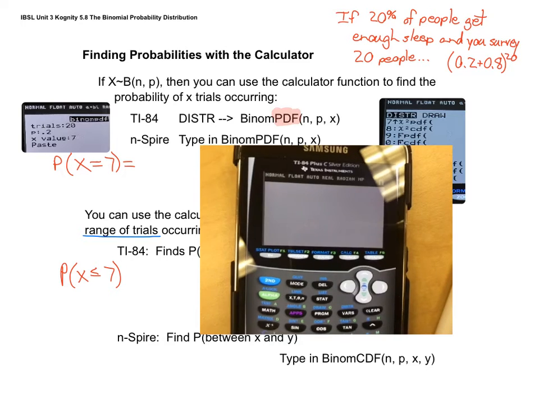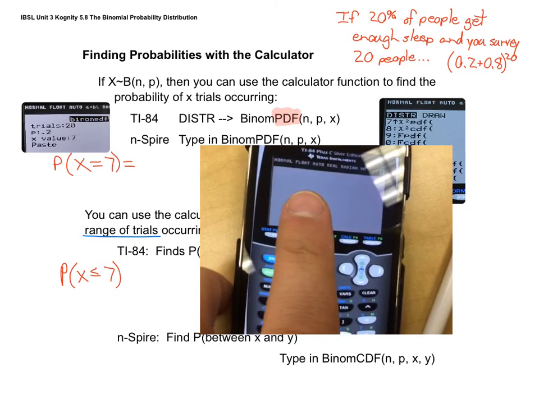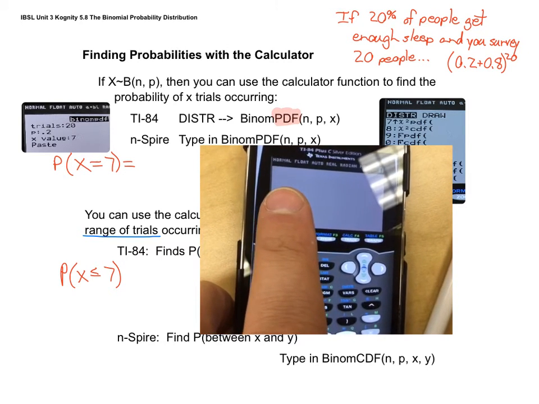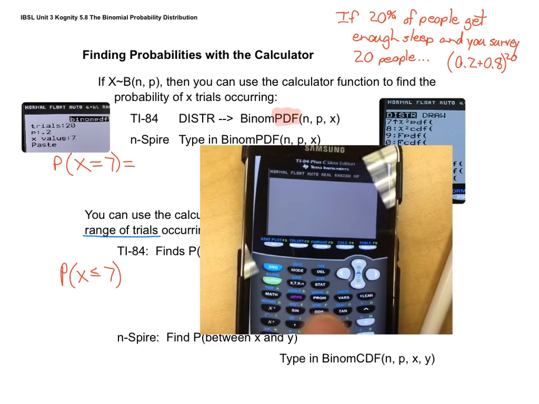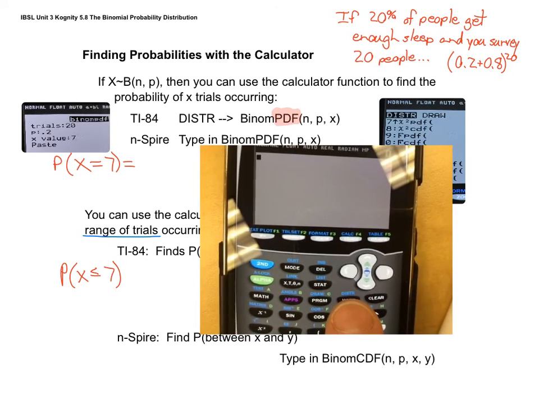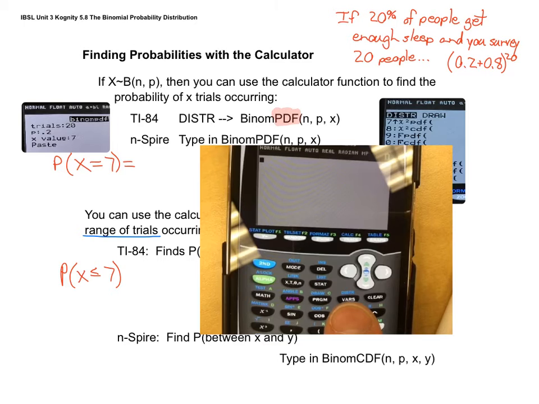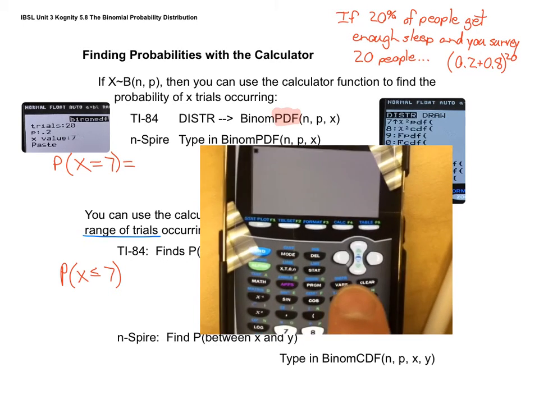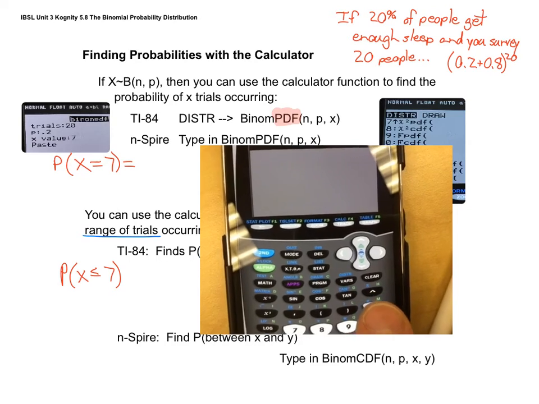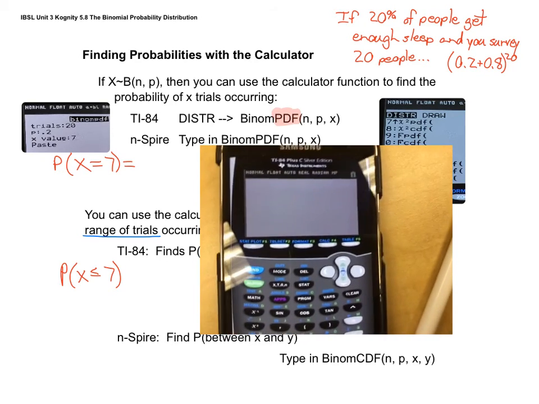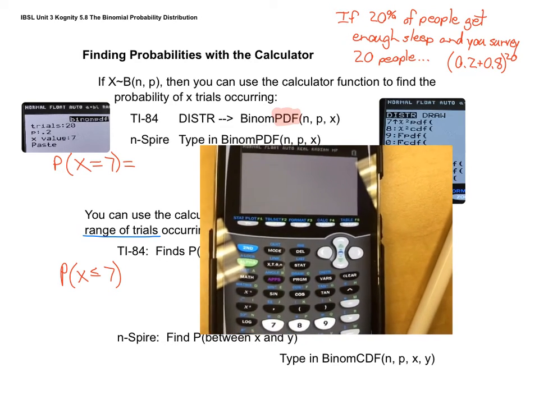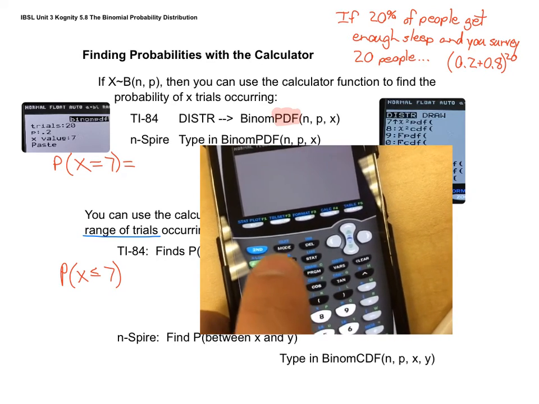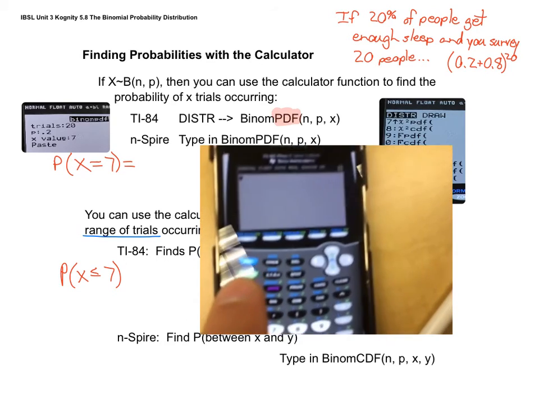If I want to get to the binomial PDF or binomial CDF, right above the VARS, the variables, you see DISTR. That stands for distributions. That is the menu where you'll find everything related to the different distributions that we can do.